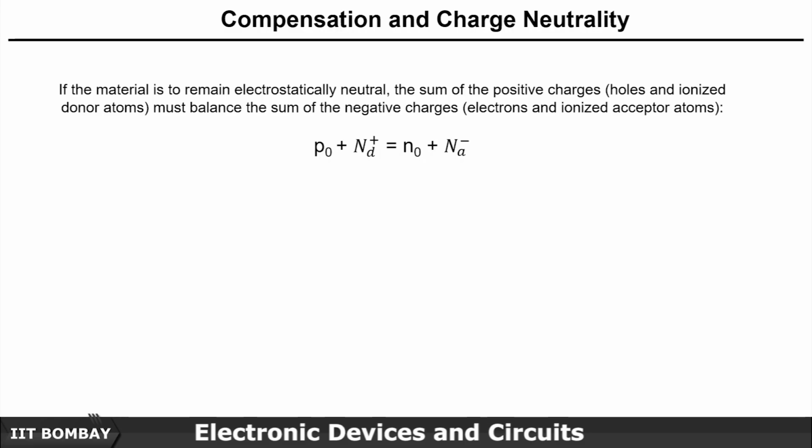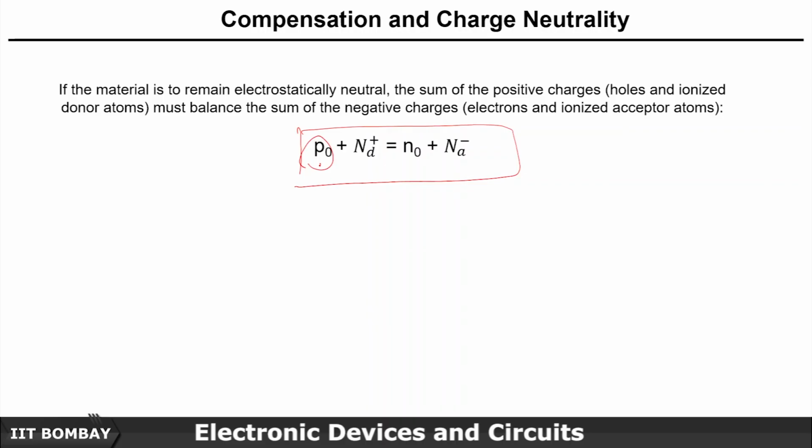If the material is to remain electrostatically neutral, the sum of the positive charges, holes and ionized donor atoms, which get a positive charge because they are giving electrons, must balance the sum of the negative charges, electrons plus the acceptor atoms, because they accept electrons, that's why they get a negative charge. So the equation can be written like this.